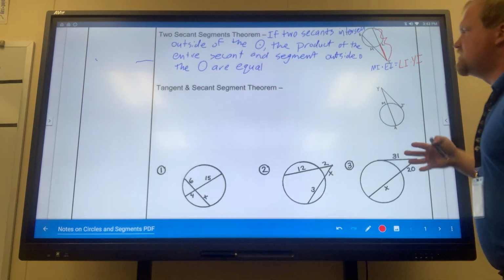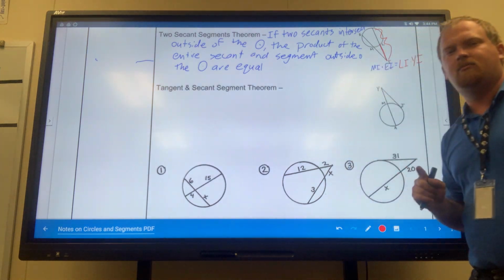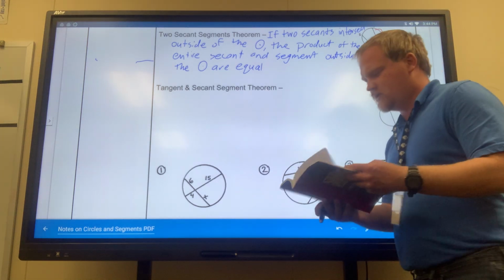Now, tangent and secant is a little bit different, with one major difference.